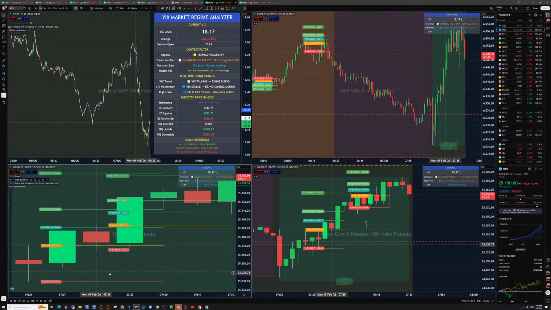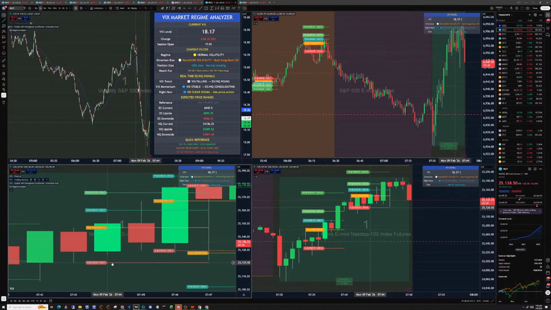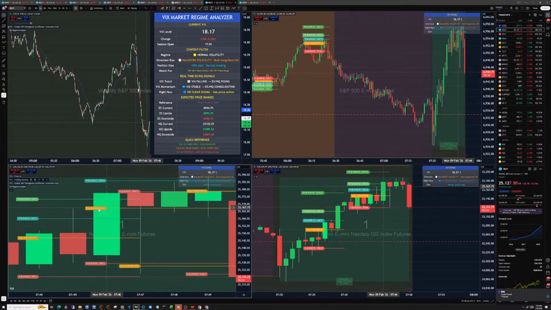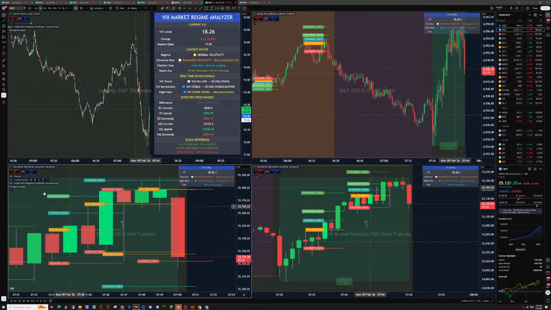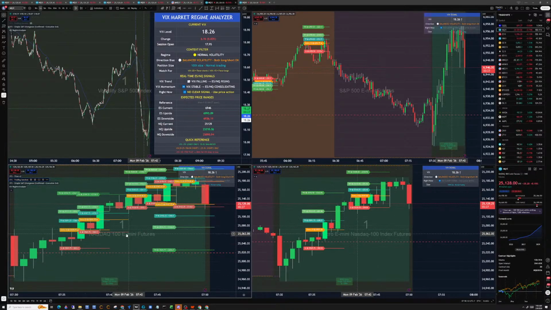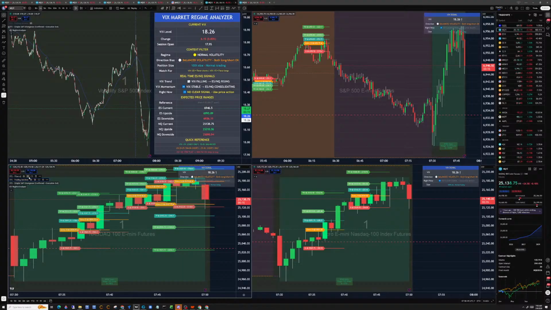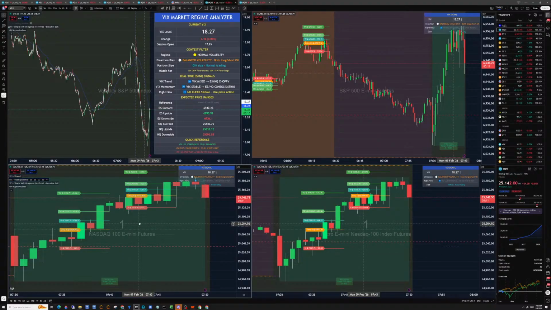So first one won, second one would have won, third one would have won, this one would have lost, this one would have lost, and then this one would have lost right here. So we would have had basically the same result, right? We would have ended up with a couple wins and a couple losses if we would not have had the Titan 2.0. I just like this. It keeps us a whole lot cleaner.